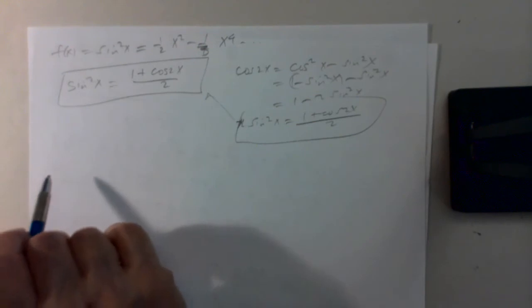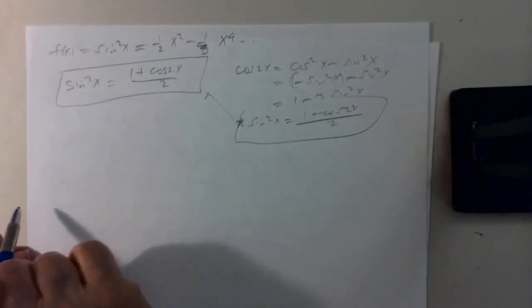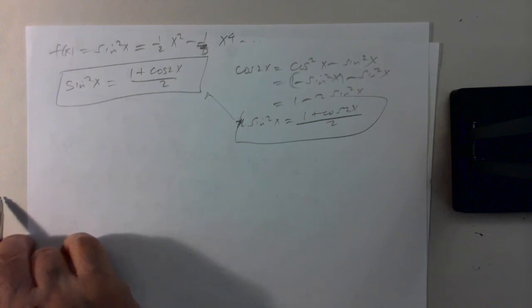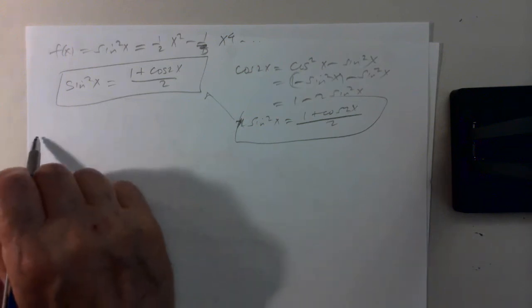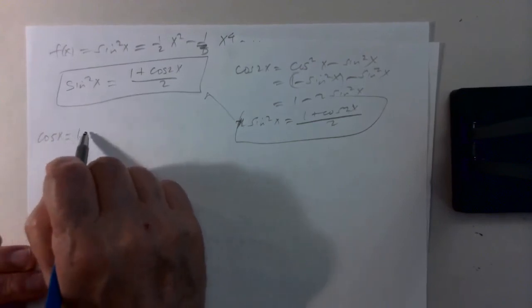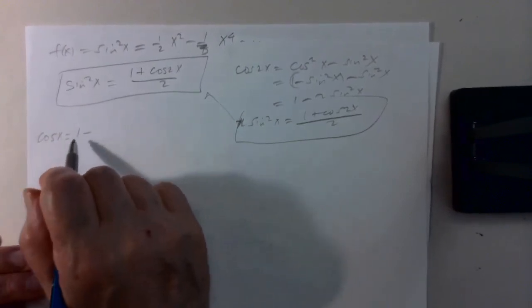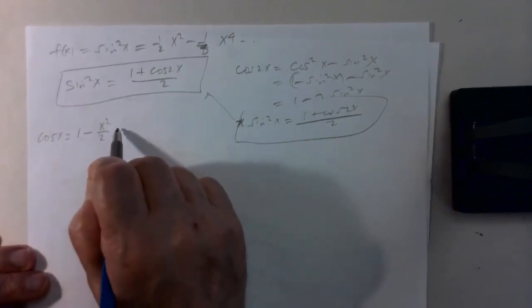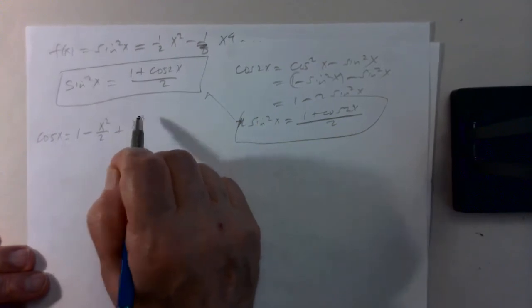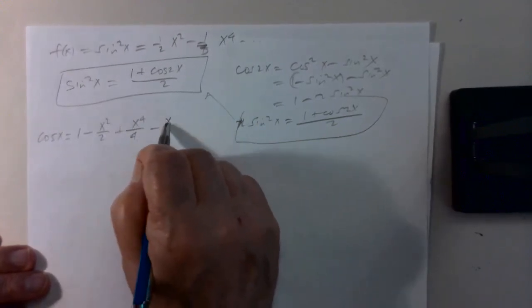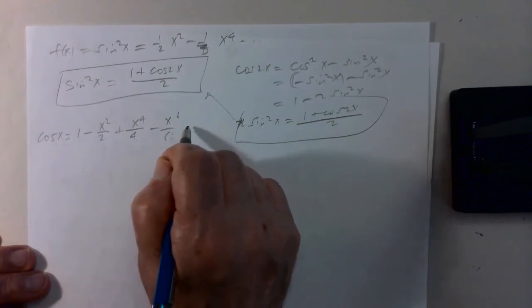Now, we know what the cosine is, don't we? Cosine of x is 1 minus x squared over 2 plus x to the 4th over 4 factorial minus x to the 6th over 6 factorial and so forth.